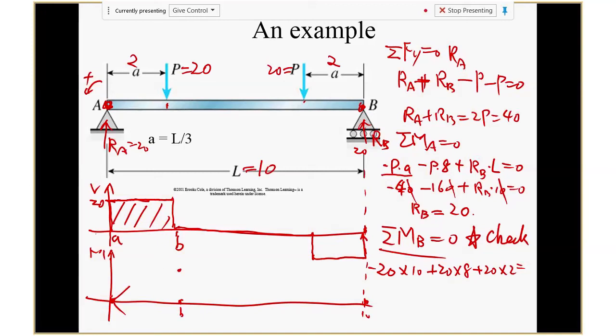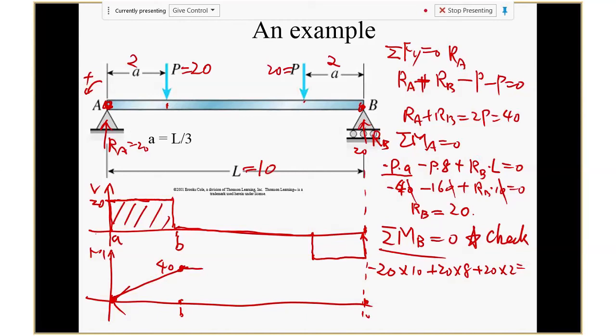So this will be from 0 to 40. Because I start from 0. So therefore, the value here will be 40. Right? Moment change is the V area. So that's 40. Okay, now from here, what I say? V constant.